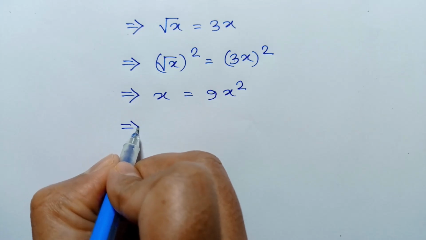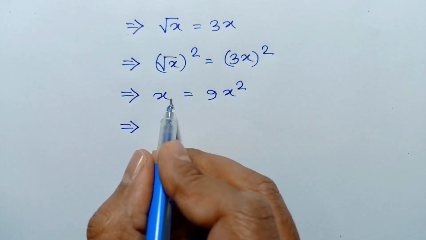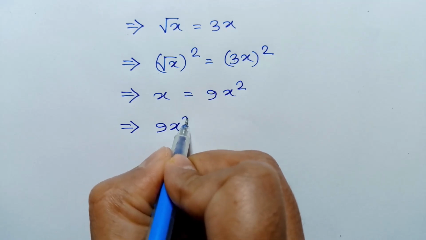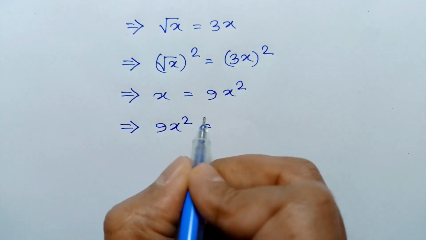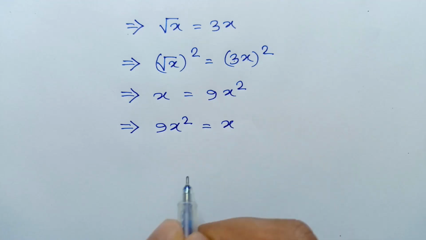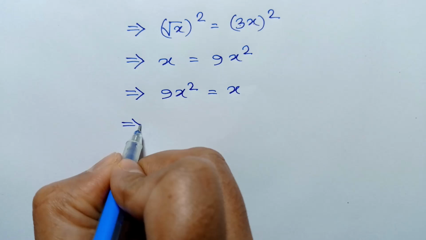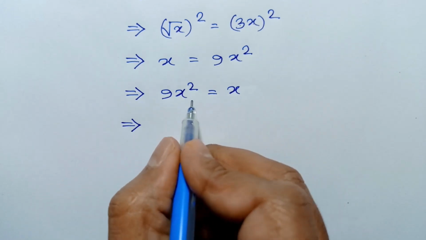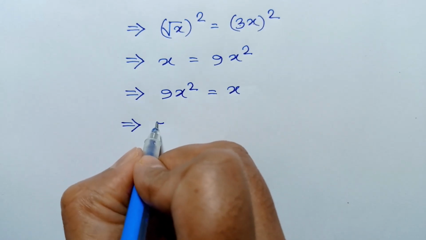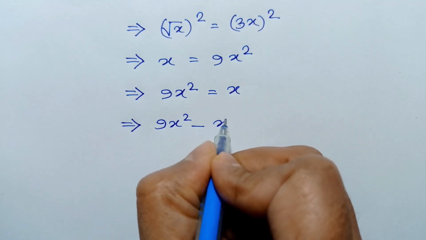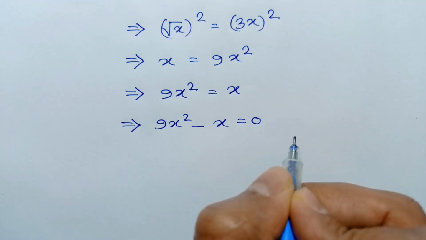Exchanging sides, we can write 9x square on the left side is equal to x on the right side. Now taking x to the left side, we can write 9x square minus x is equal to 0.